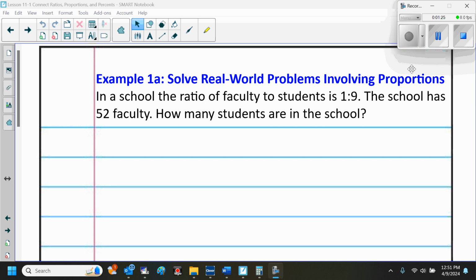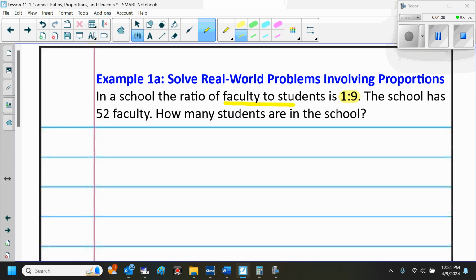So the ratio that you see here is 1 to 9. What does the 1 represent and what does the 9 represent? 1 is faculty and 9 is students. So this is faculty to students.